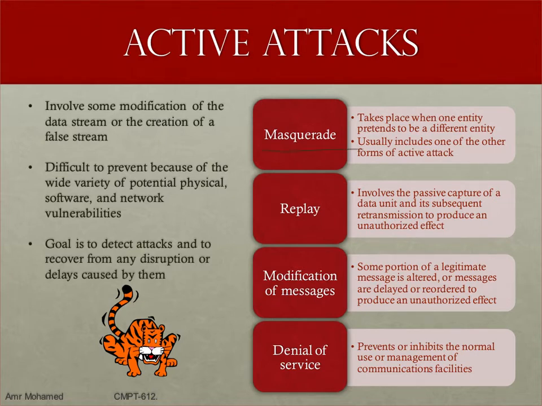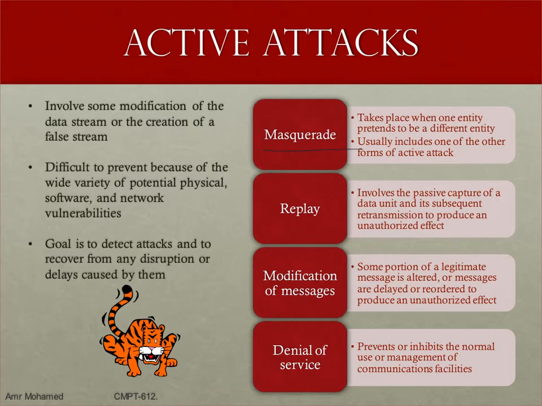So masquerade talks about impersonation, which is the example that I just mentioned, where you can be in the middle of the communication and impersonate Alice to Bob and the other way around. So you can act as both Alice and Bob, okay? And in that case, both of them will communicate to you and give you more and more information. This is called a masquerade, or sometimes they call it a man-in-the-middle attack. Or any kind of impersonation.